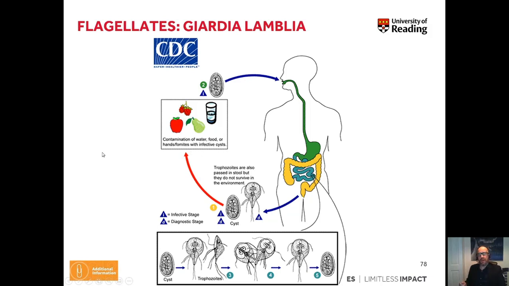So this is the life cycle, and again it is a bit more complicated because after ingestion, the cyst is transmitted to the intestine, where it bursts, and the active form of the flagellates then reproduces, forms cysts that are excreted via feces, and the cycle starts again.